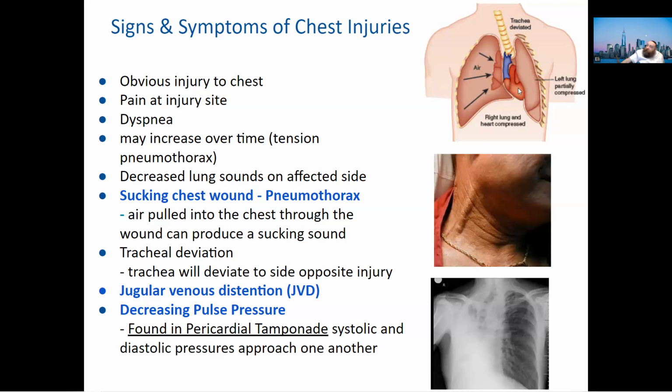Now it's pushing up against the heart, pushing up against the good lung, and it's forcing the trachea to not be midline where you would expect it, but now it's going off to the side. This is a late sign that your patient has a tension pneumothorax. You should have paramedics, and paramedics will take a needle and get the air out of the lung here or here, and it will save their life. Okay, but you have to recognize it.